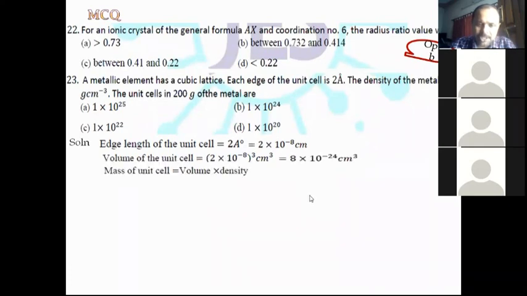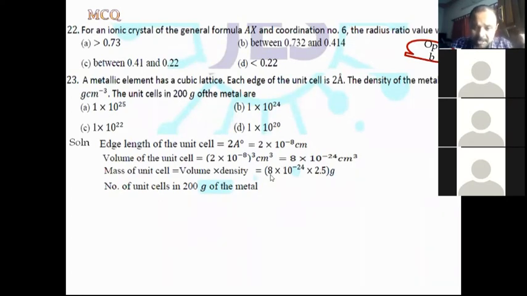Mass of the unit cell is equal to volume into density. Correct? Density is mass by volume. So find out the mass of the unit cell. Volume we know. Density they have given. So when you substitute and simplify, you will get the value. Of course, you can keep it as it is. Volume is 8 into 10 raised to minus 24, and 2.5 is the density. So this is the mass of 1 unit cell.